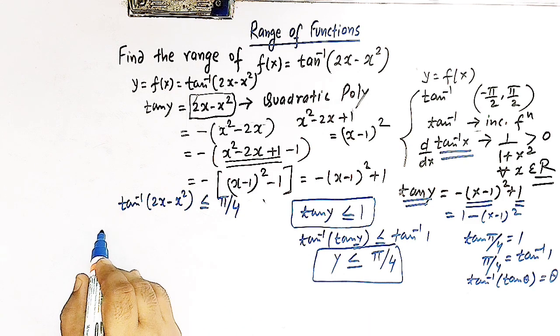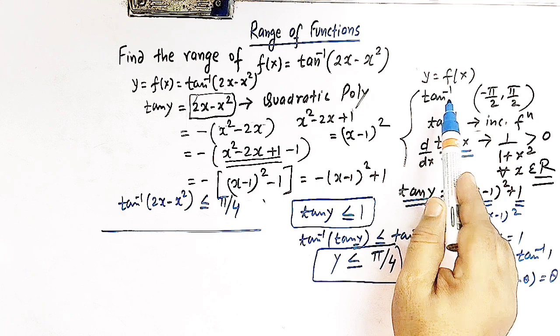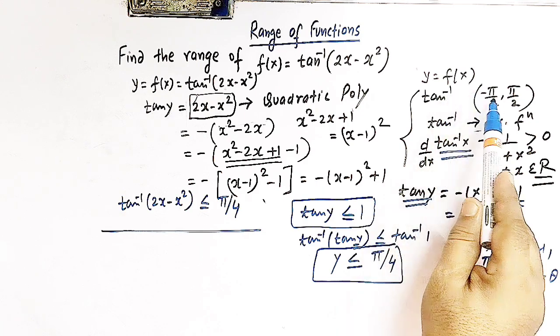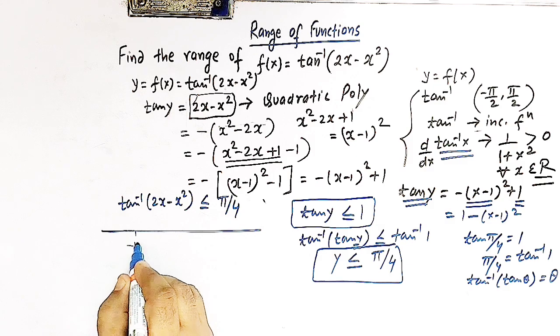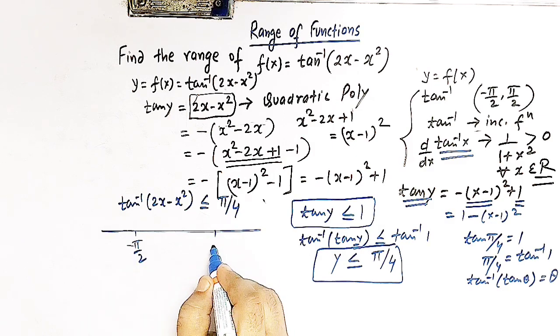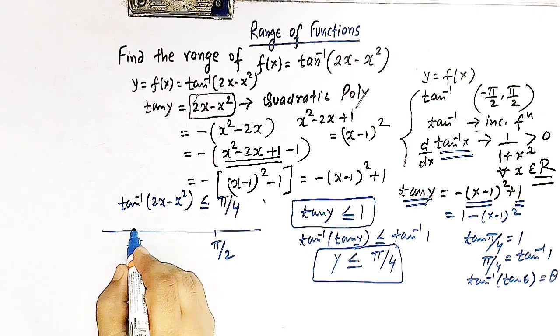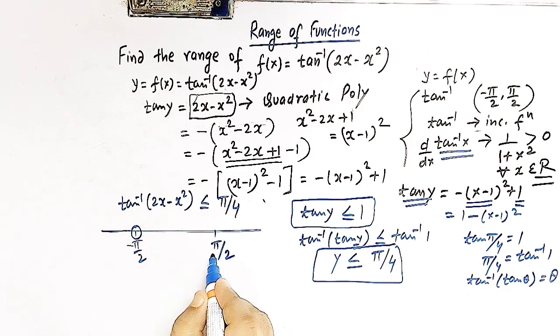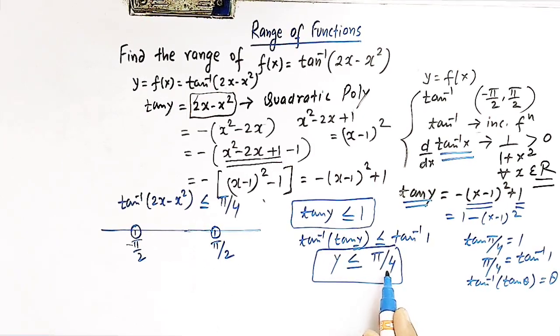Right? Now see, we have just discussed that the principal value branch of tan inverse is minus pi by 2 to pi by 2. So here we have minus pi by 2, and here we have pi by 2, right? And both these points are not included. So here we have y less than or equal to pi by 4.